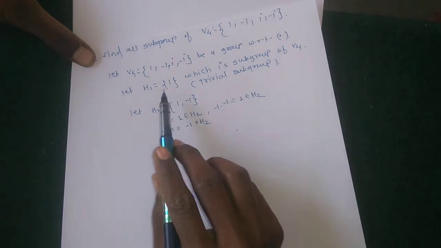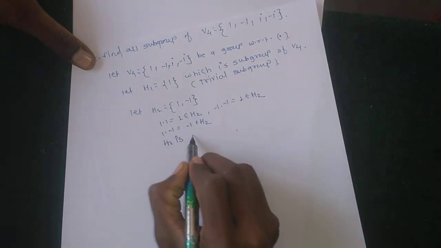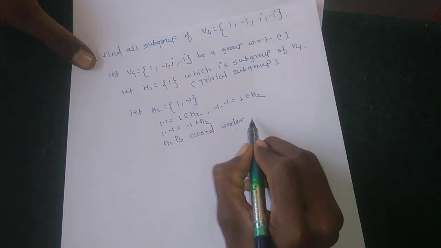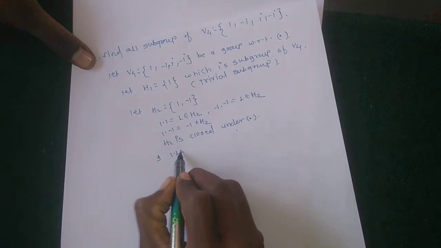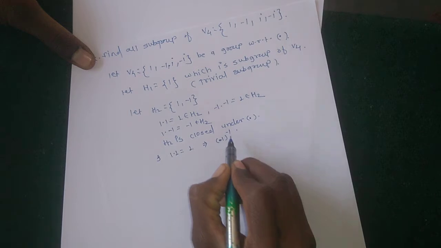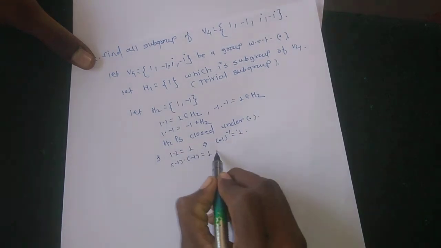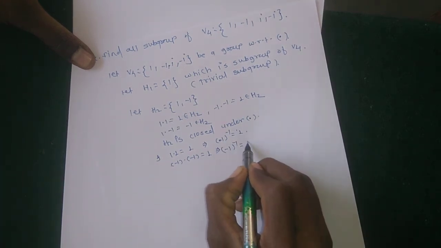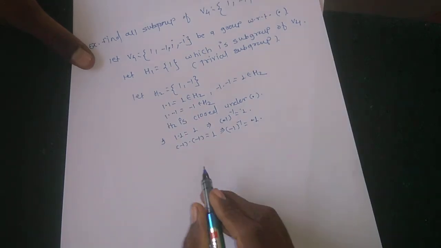H2 is closed under multiplication, and 1 times 1 equals 1, which implies that the inverse of 1 is 1 itself, and -1 times -1 equals 1, the identity. Therefore the inverse of -1 is -1.